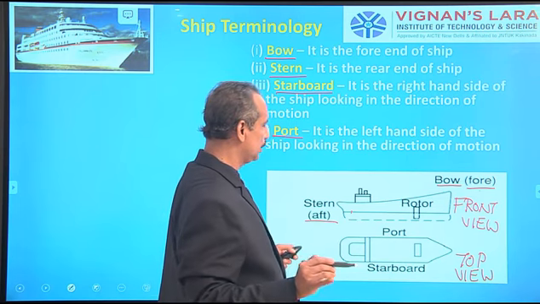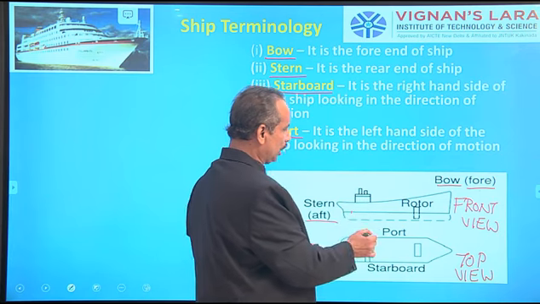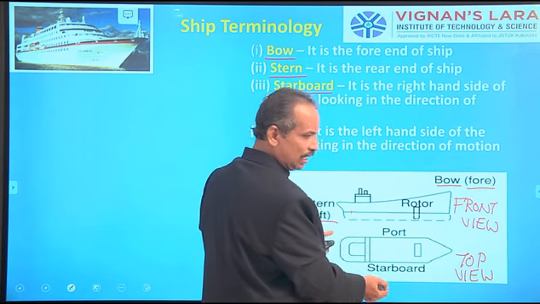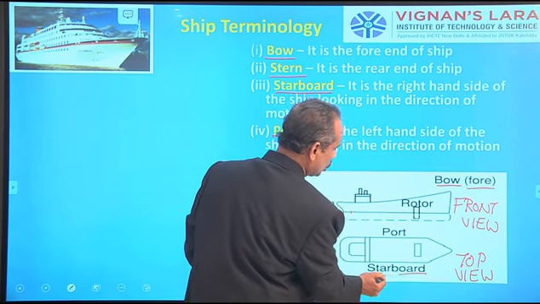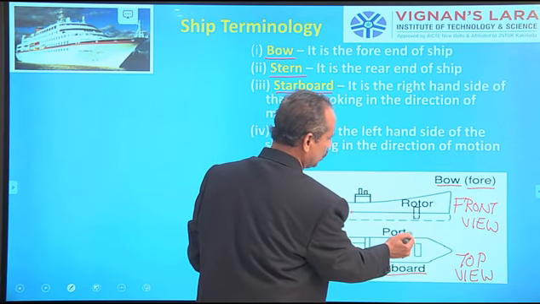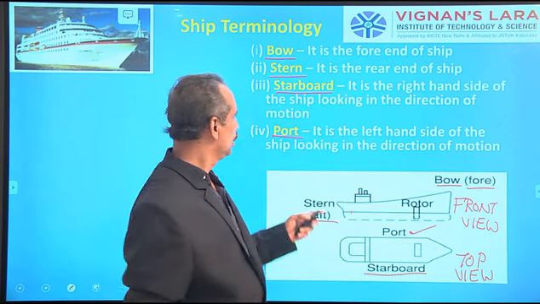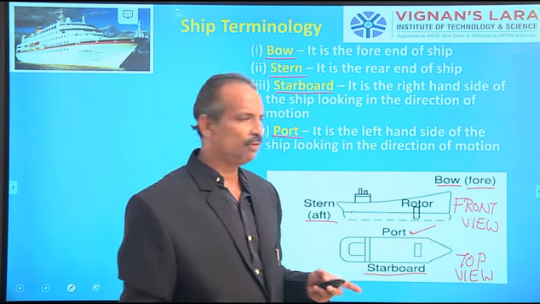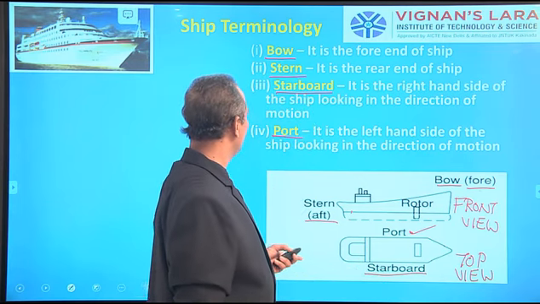Similarly, look at it from the top. You have the left side as well as the right side. The right side portion is called starboard and the left side portion is called port. Let me repeat once again. These are the 4 simple terms which we require to continue for its gyroscopic effect.